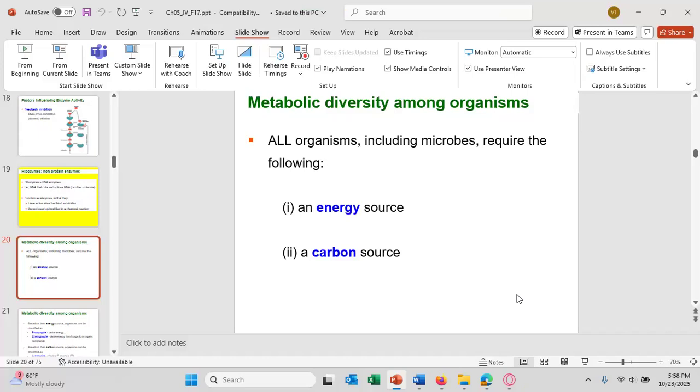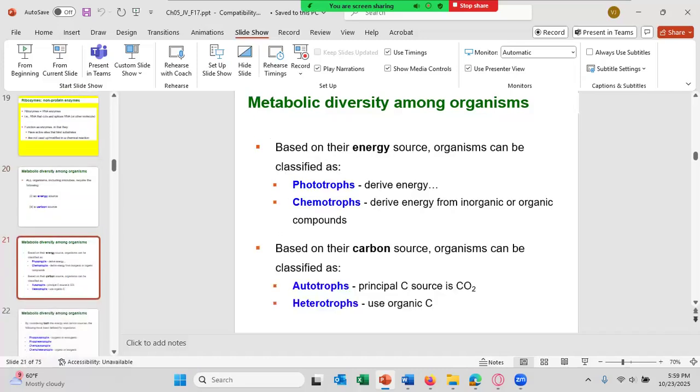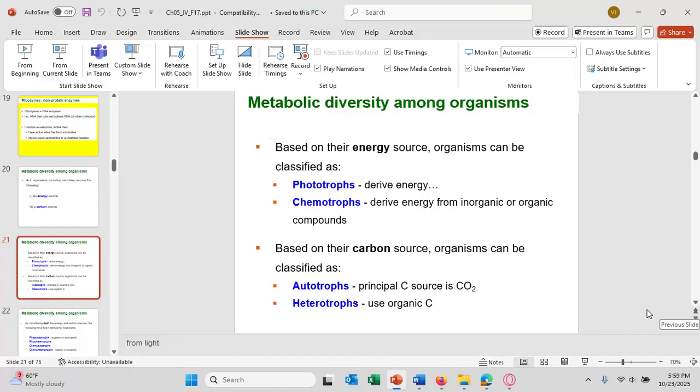You cannot have life unless you have an energy source and a carbon source. We can classify the diversity of life by classifying living organisms on their energy source.